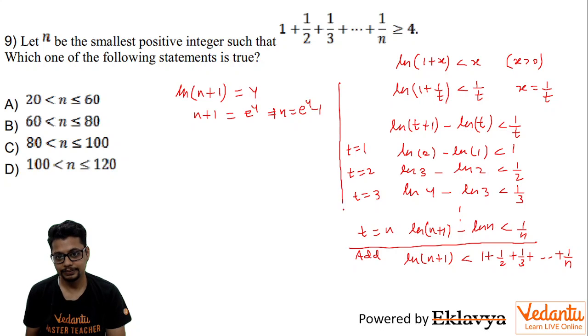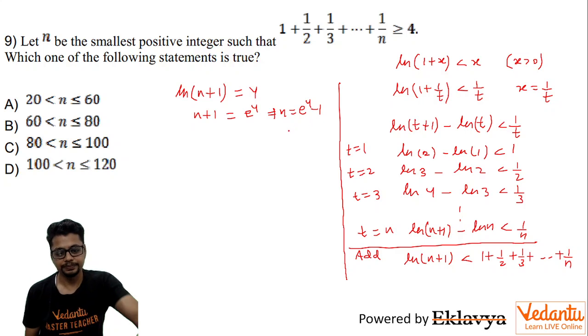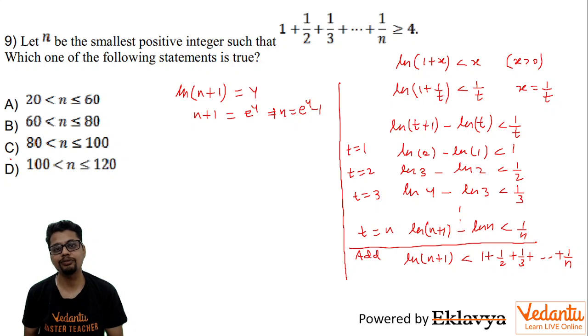So here, e to the power 4 roughly would turn out to be 54 point something, so minus 1 you get 53 point something. Ultimately the options have a range of n, which gives us enough freedom to calculate the rough value of e to the power 4. You may take e to be roughly 2.7 and you can work it out.